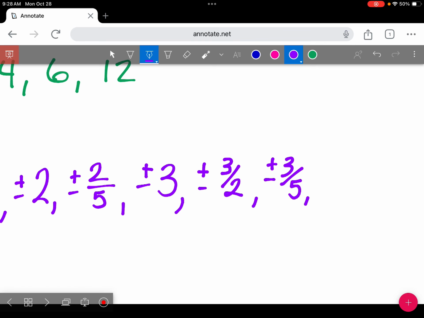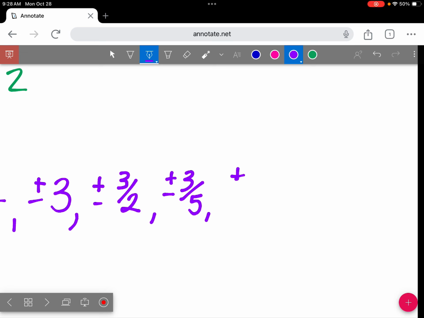And 3 over 10, I don't have that one either. So plus or minus 3/10, because it won't simplify down. And we're halfway through our number of factors of 12. So like I said, these can be really long.